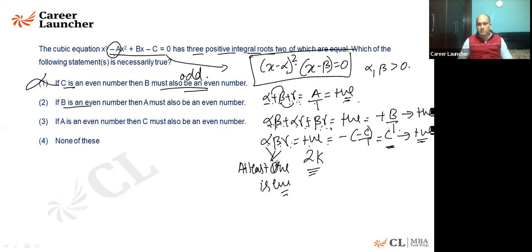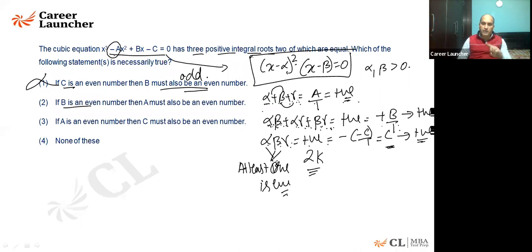If B is even, what is B? Alpha beta plus alpha gamma plus beta gamma is equal to an even number. Then A must be also an even number. So if it is an even number, I know at least two of them will be even, or maybe all three of them are even. Why?